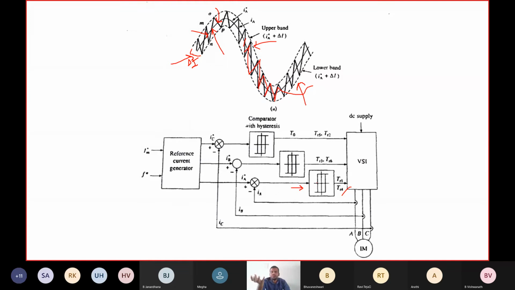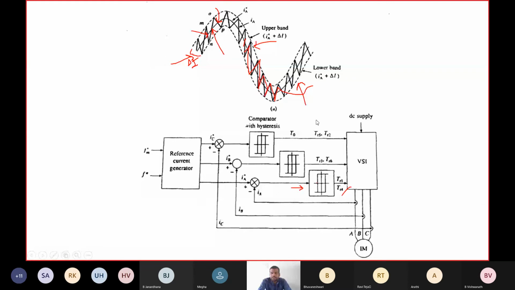These switches are fast acting switches fed to our inverters. Okay, so this is the block diagram of our current regulated voltage source inverter.